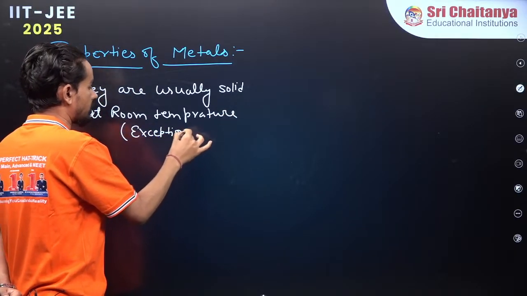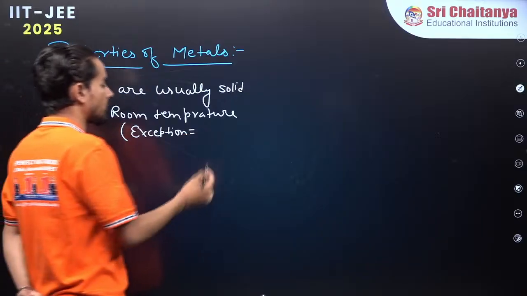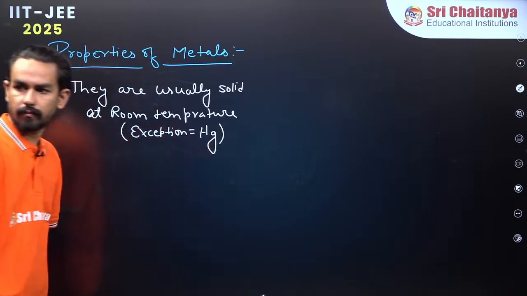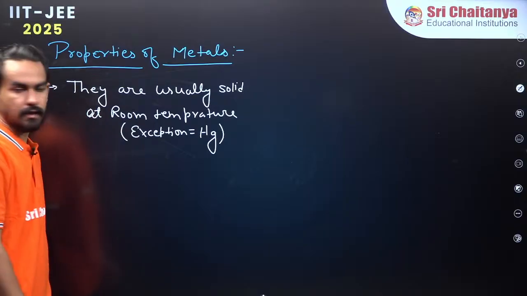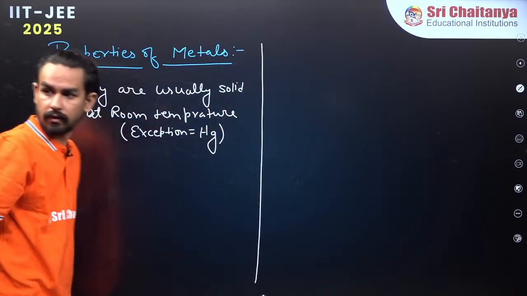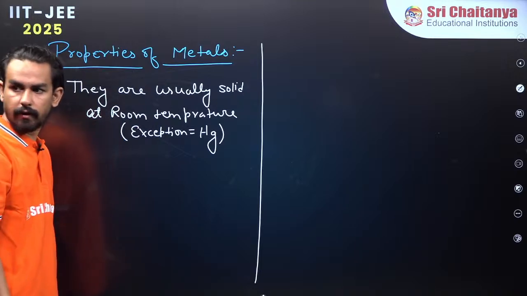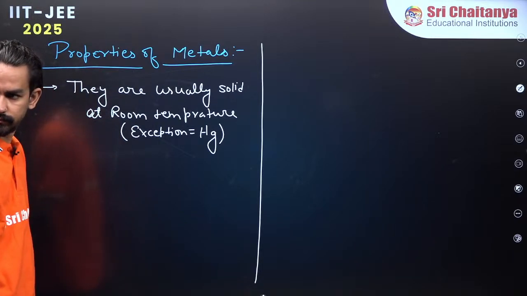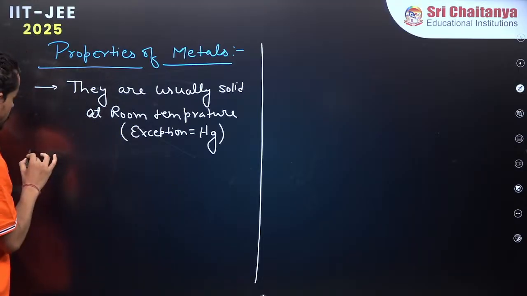One guy is there who is a metal and still not solid at room temperature, and that is mercury, Hg. Okay, that's it. Exception mercury. Okay, very good. Some of you have written already. Rajesh Yadav, very good. Mercury, Sanjana, very good. Okay, now let us move.